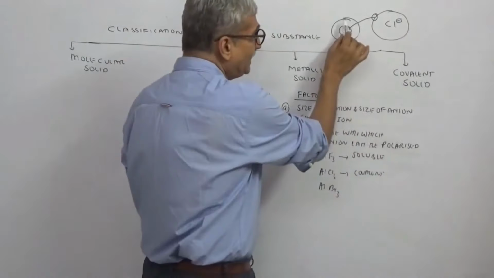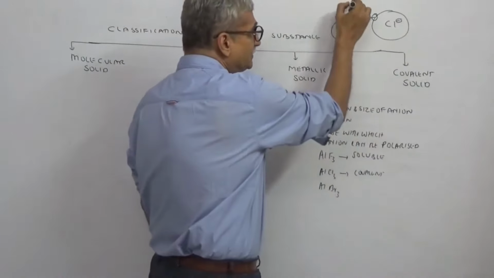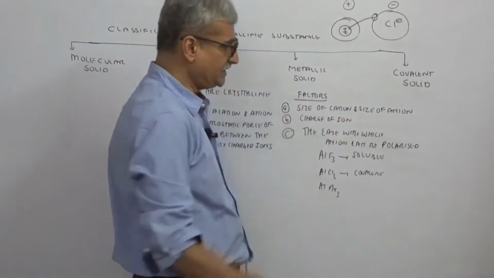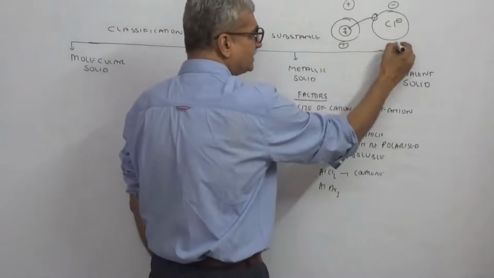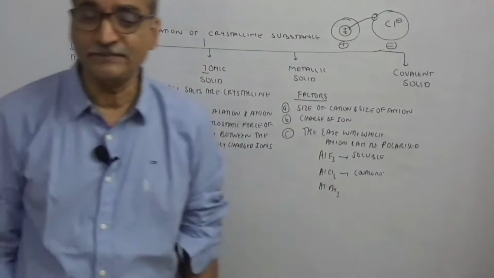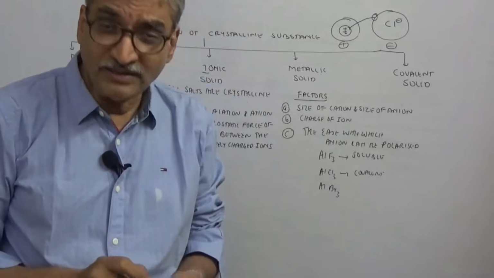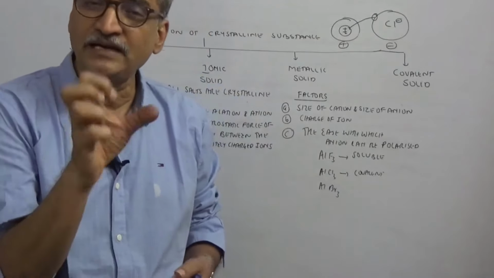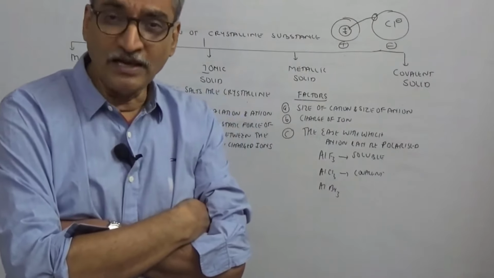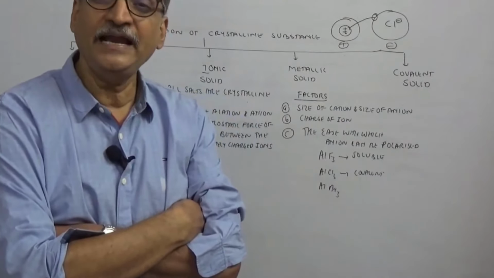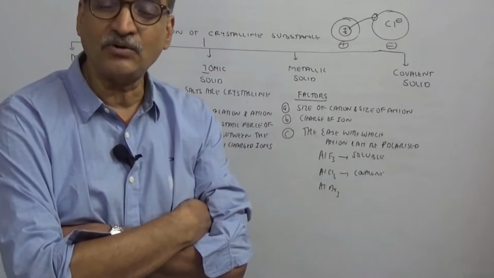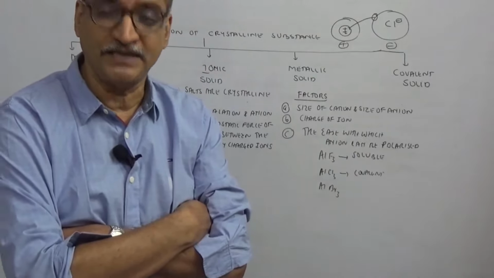Apart from the electrostatic force, this is plus and this is minus. The protons present in the smaller cation are able to pull the electrons of the outermost shell of the larger anion, and this is called polarizability.